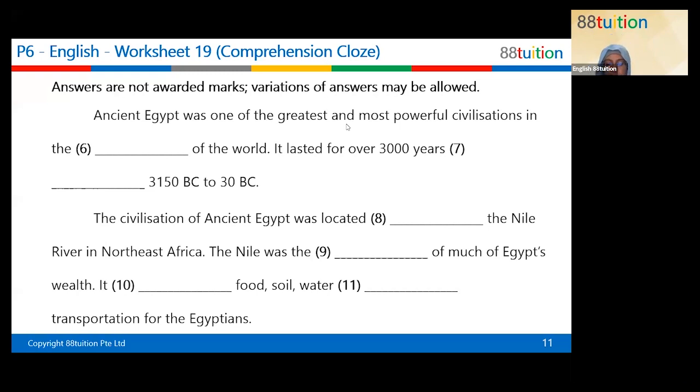Then we can find the contextual clues. Everyone type in your answer for 6 to 11 now. 3 minutes time. Okay, 1 more minute for those of you still typing.